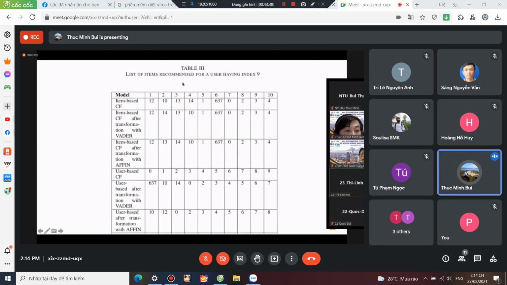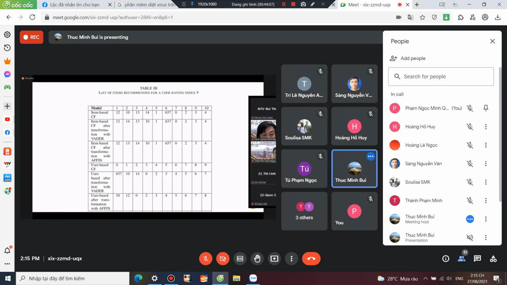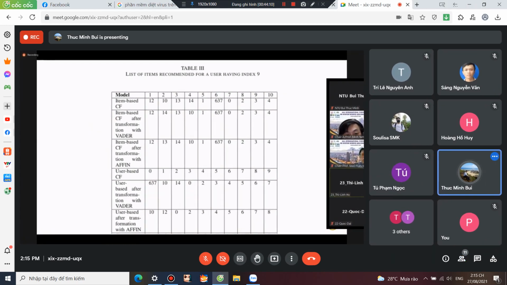Table 3 on this slide shows the list of phones and accessories recommended for the user having index 9 by different individual recommender systems, such as content-based, item-based, or user-based. The results vary in items and recommended order.